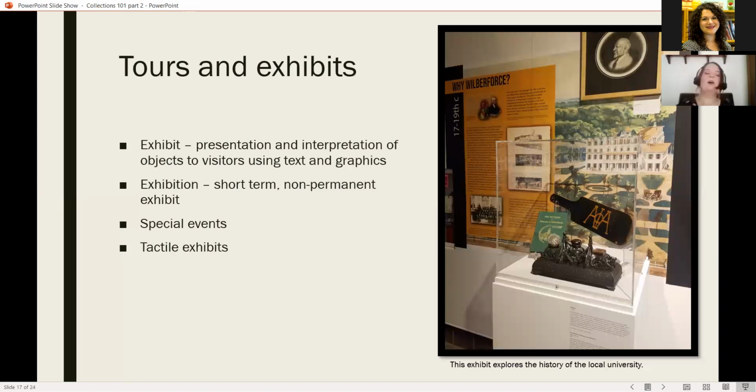And I think it's an important thing to consider because children and people with learning difficulties and disabilities, tactile exhibits can be really helpful to them. The only problem is, with the pandemic, you have to make consideration for that. And, is there a way that you can do it safely? And I think institutions are still working on that idea.